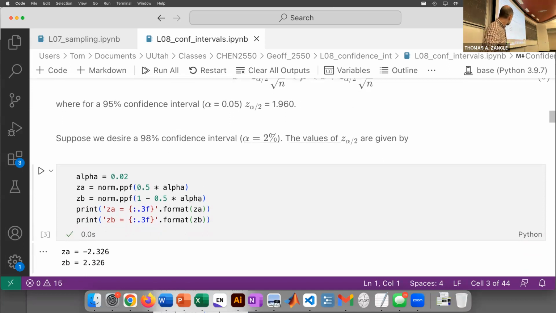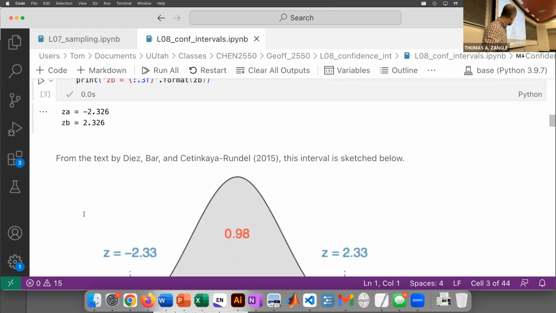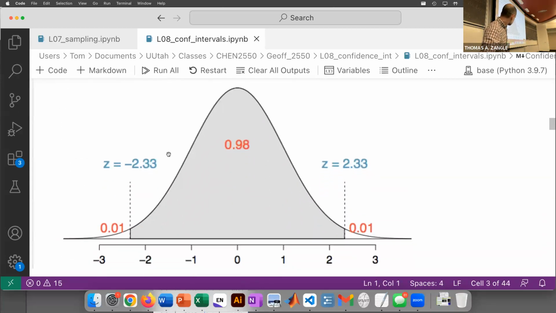We're going to find the z-scores that correspond to 1% and 99%, which are going to be z-values of minus 2.32 and 2.32. What that really means is, if we look at our normal distribution, remember our alpha, our significance level, was 2%.